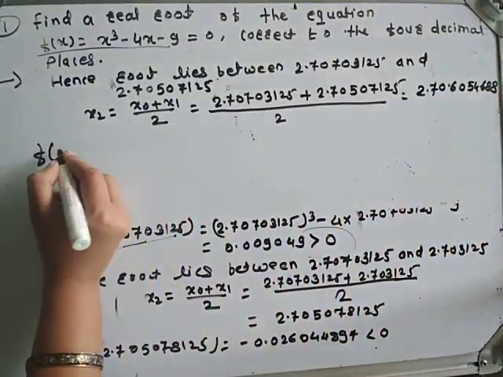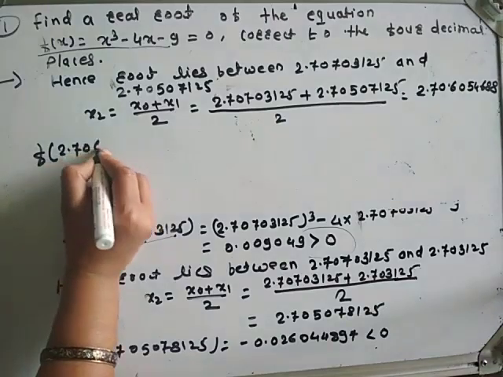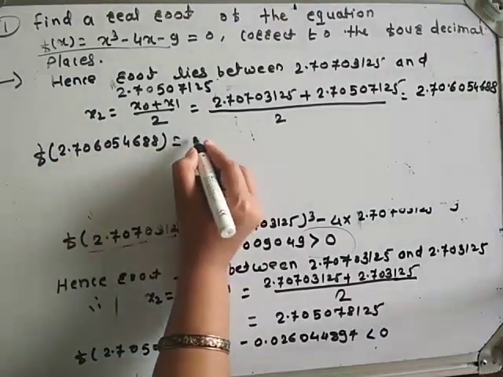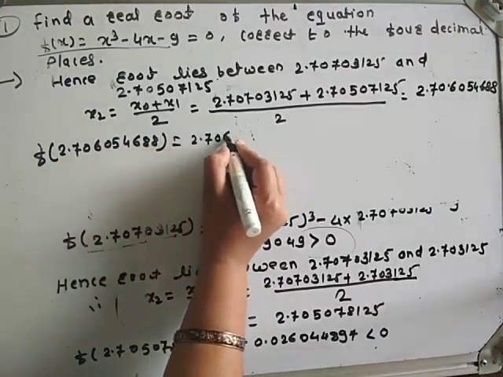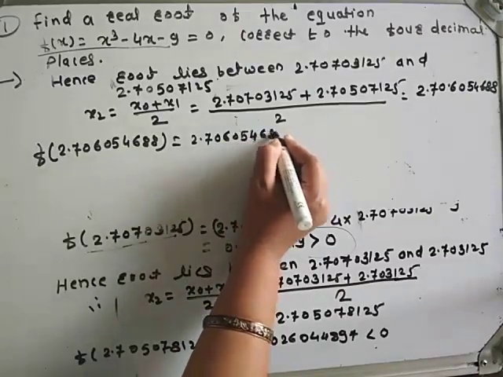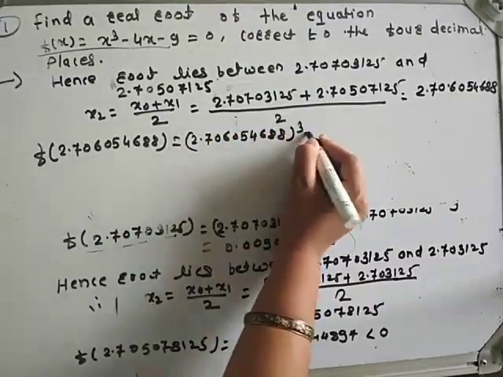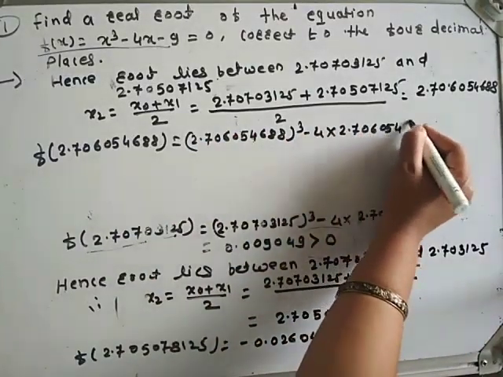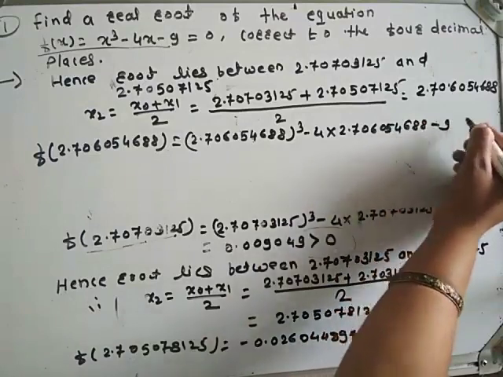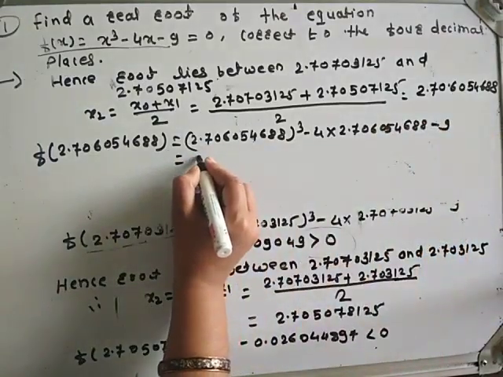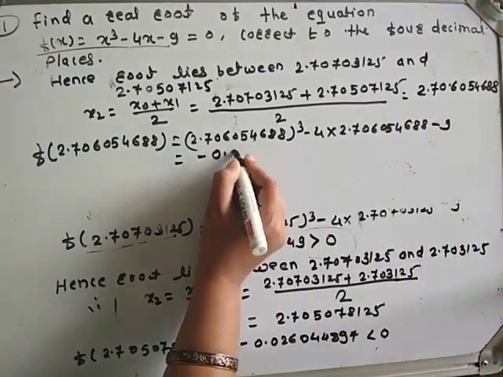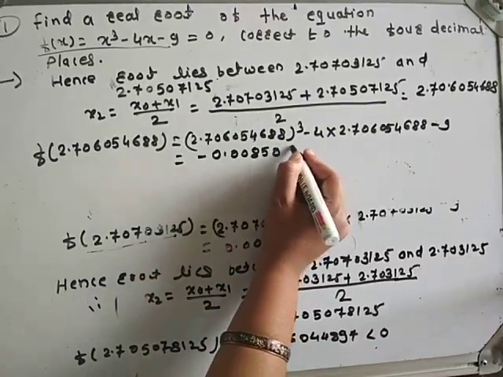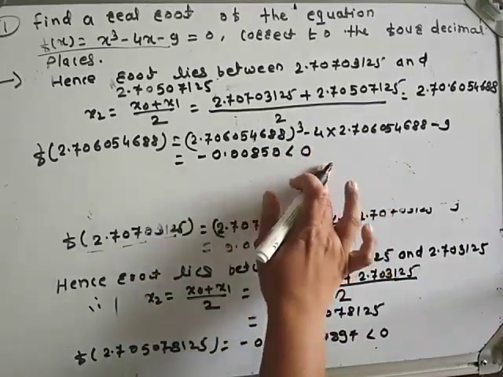Now we calculate f of 2.70605468, which is equal to 2.70605468 cube minus 4 into 2.70605468 minus 9, which is equal to minus 0.00850, which is less than 0.